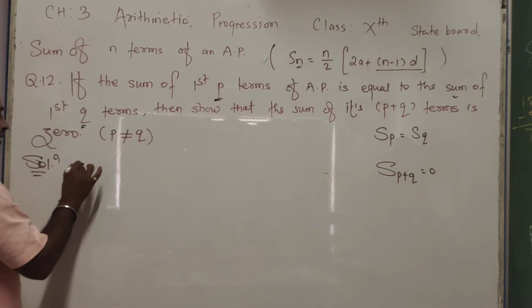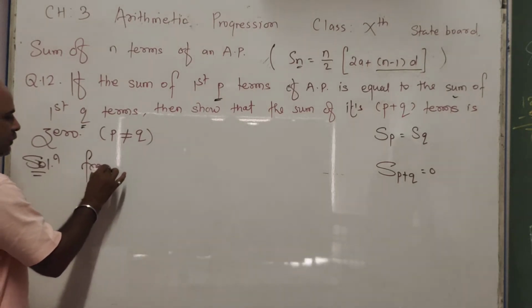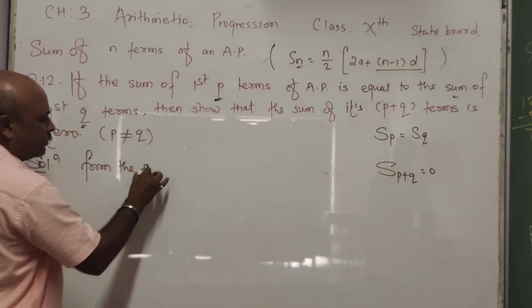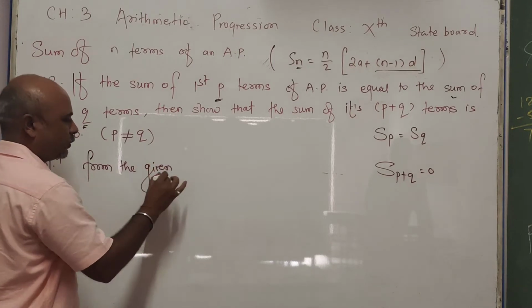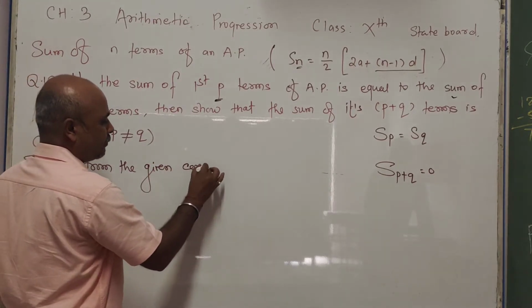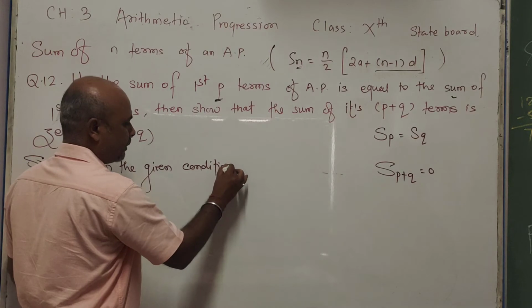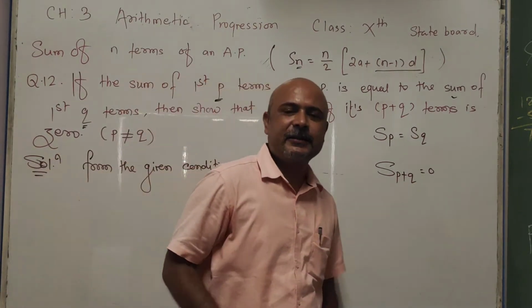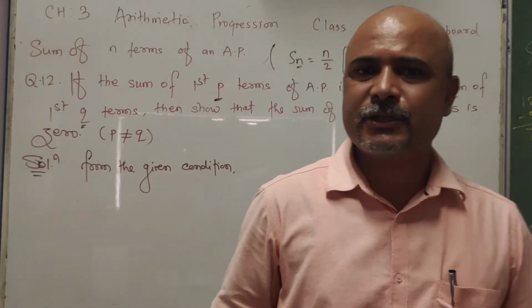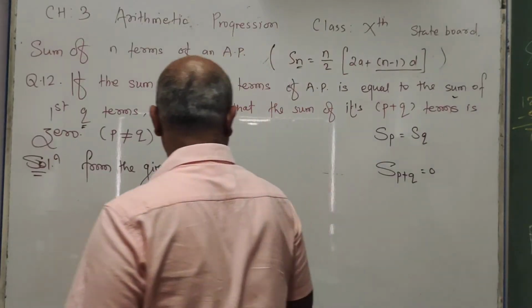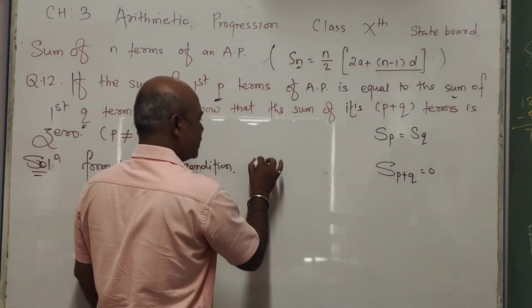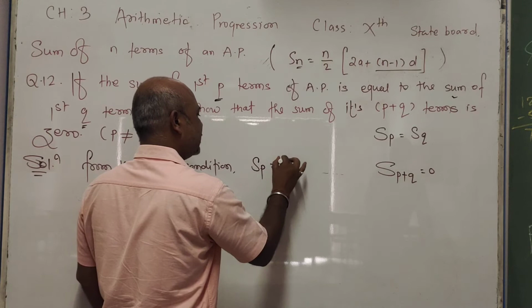From the given condition, what condition is given to you? That is Sp is equal to Sq. The sum of p terms is equal to the sum of q terms.